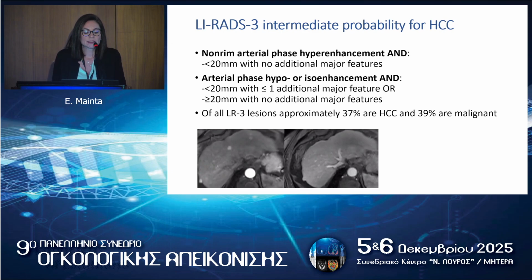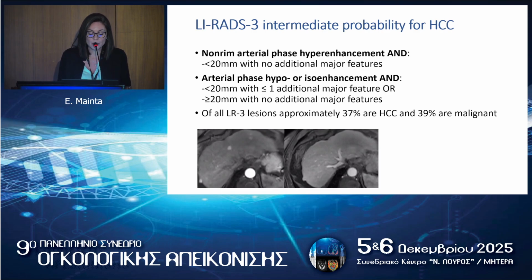In the LI-RADS 3 category, there is intermediate probability for HCC. So we have non-rim arterial phase hyperenhancement in lesions less than 20 millimeters with no additional major features, or arterial phase hypoenhancement or isoenhancement, in sizes smaller than 20 millimeters with 1 or fewer additional major features, or in lesions that are 20 millimeters or larger with no additional major features.